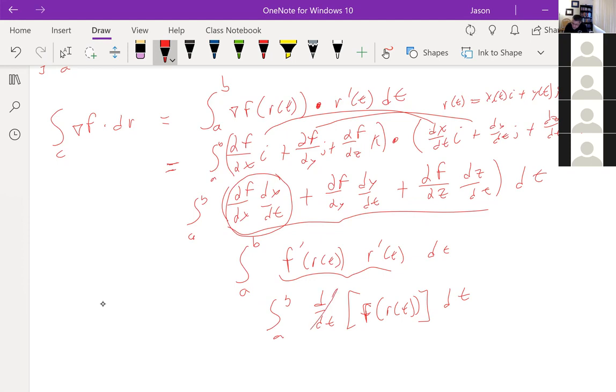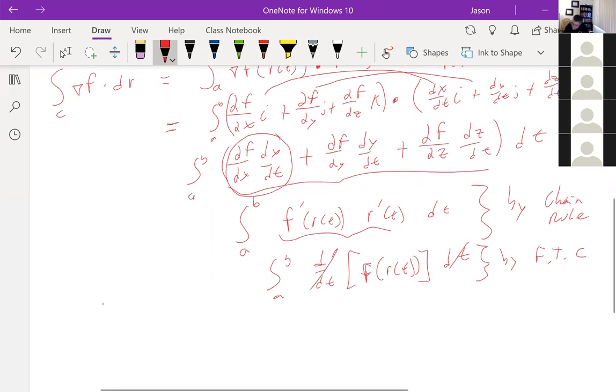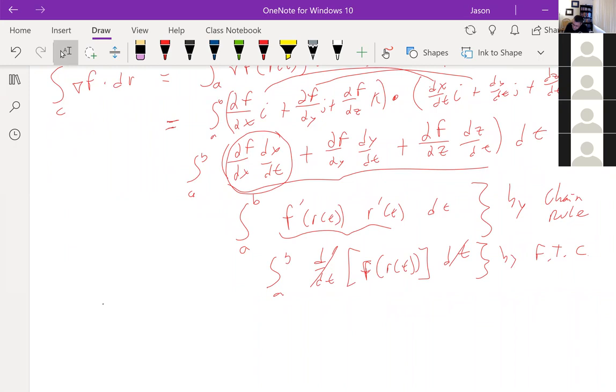So using the fundamental theorem of calculus, this was by chain rule. By FTC, I can cancel out those dt's.